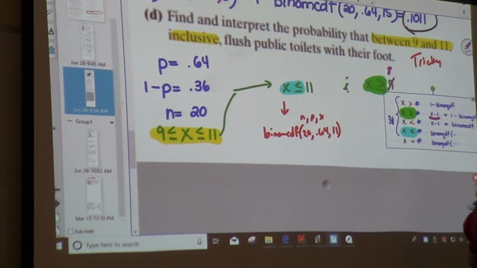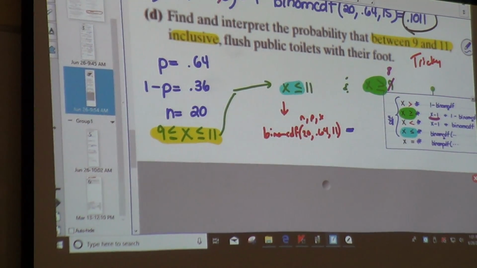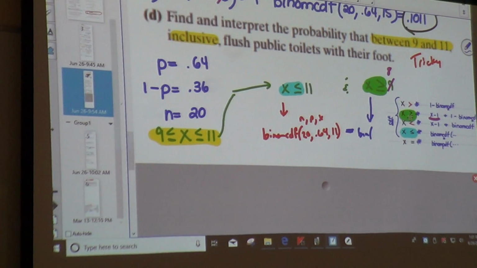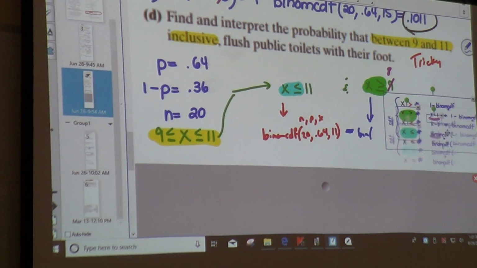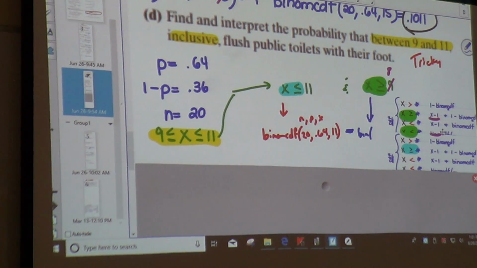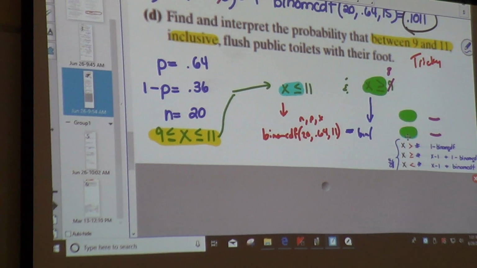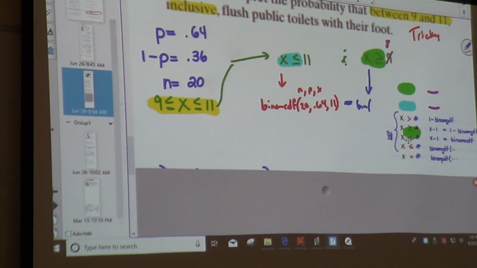Because it's a between. How do you do that? So you're going to do minus the binomial of... so this is going to be the binomial of N is still 20, P is still 0.64, and X is going to be 8.